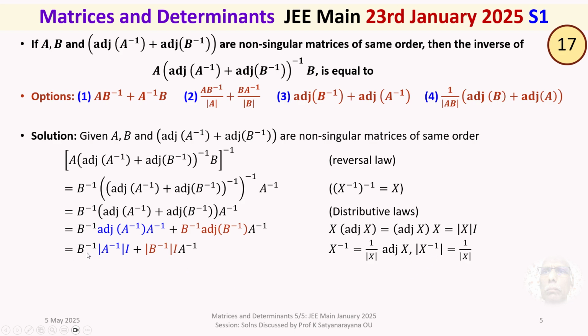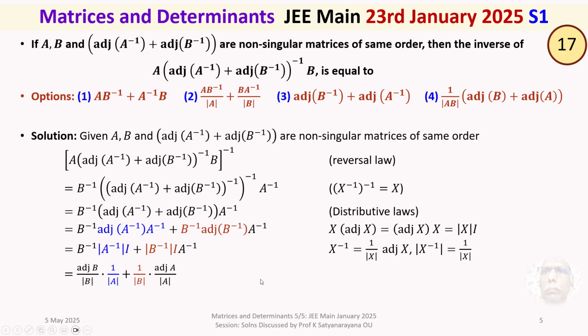So for B inverse, we write adjoint of B by determinant of B into determinant of A inverse is 1 by determinant of A plus determinant of B inverse is 1 by determinant of B. For A inverse, the formula is adjoint of A by determinant of A.